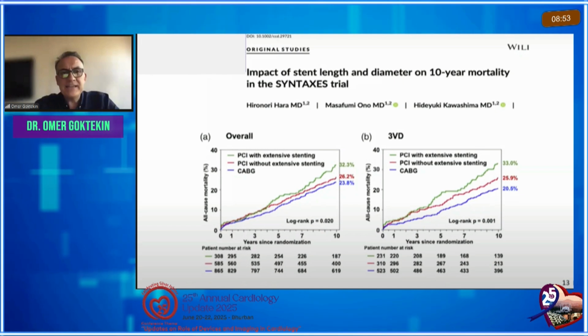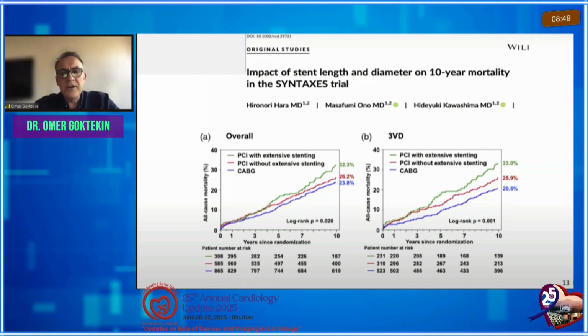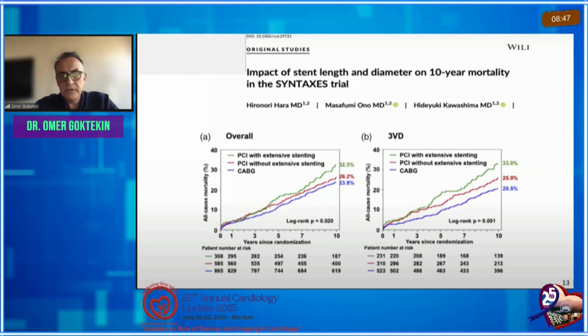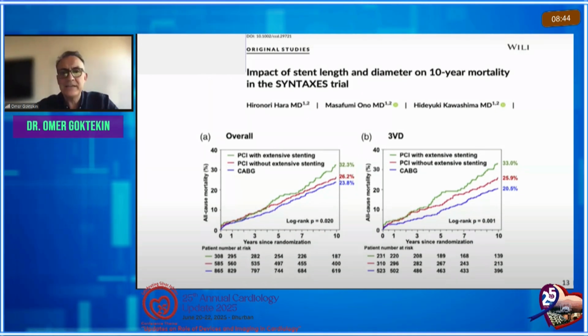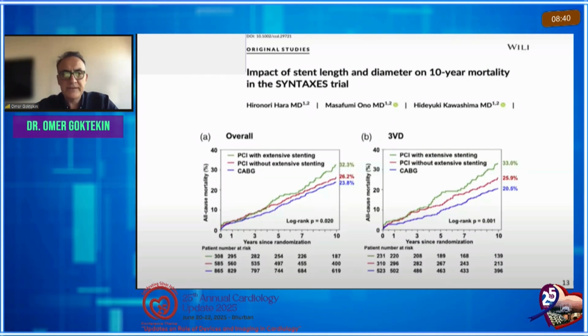So if we have less extensive stenting, our result will be comparable with a CABG operation. So it's important to use less stent in our routine practice, according to the SYNTAX study.